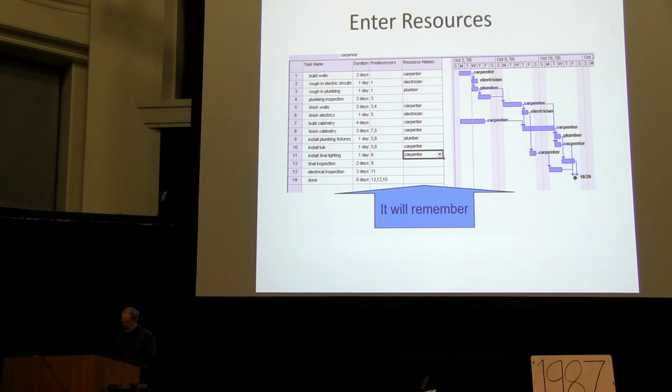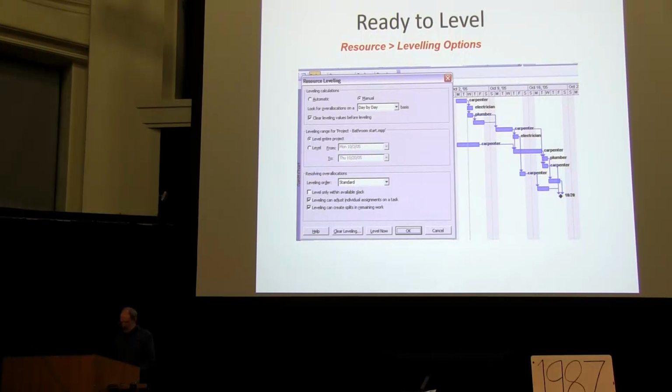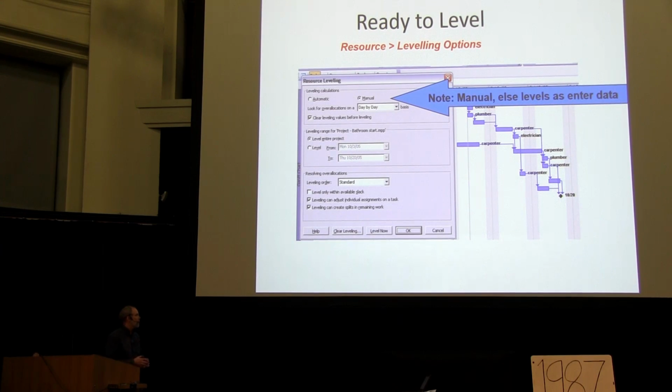We talked about resource over-allocation. So here's a resource graph with over-allocation. And how you get rid of that is by doing leveling. So you use tools, go into resource leveling. Again, often these things will automatically level, so as you enter data and set up predecessors, it will move things around.